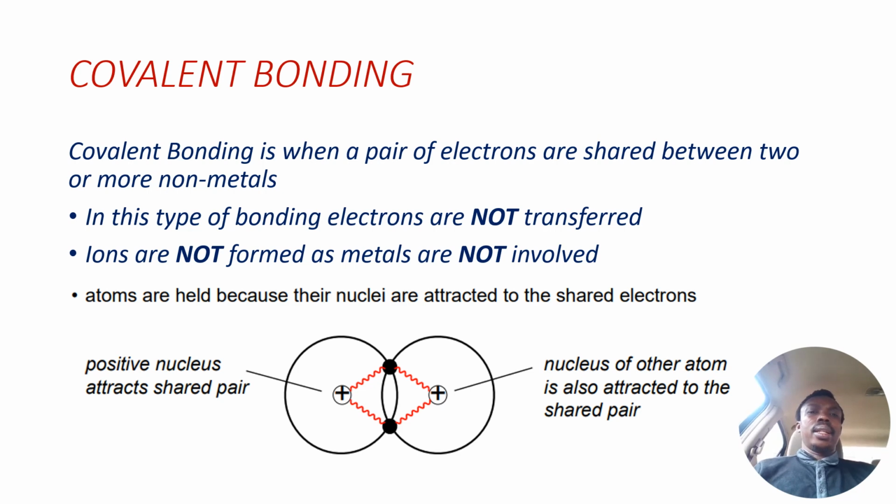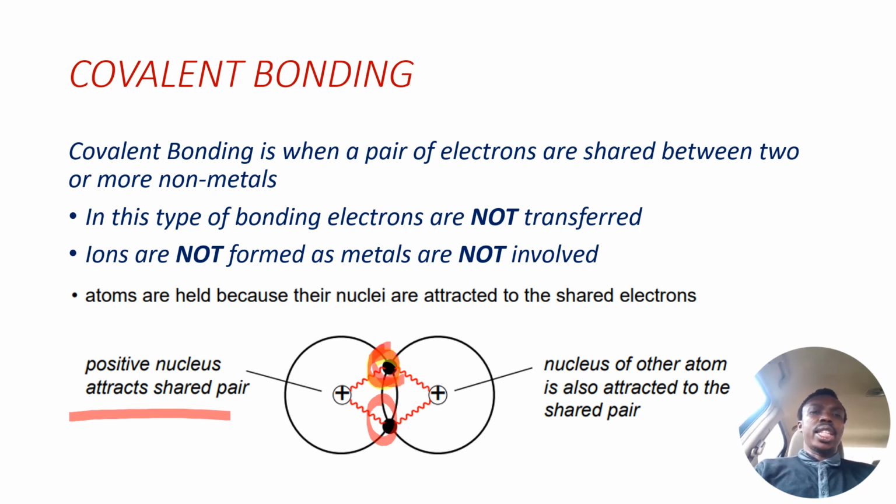Now, atoms are held together because their nuclei are attracted to the shared pair of electrons. If you look at what we have here, there's a shared pair of electrons, and both electrons are negatively charged. The electrons are held because the nucleus of each atom is attracted to the shared electrons. The positive nucleus attracts the shared pair, and the nucleus of the other atom is also attracted to the shared pair.